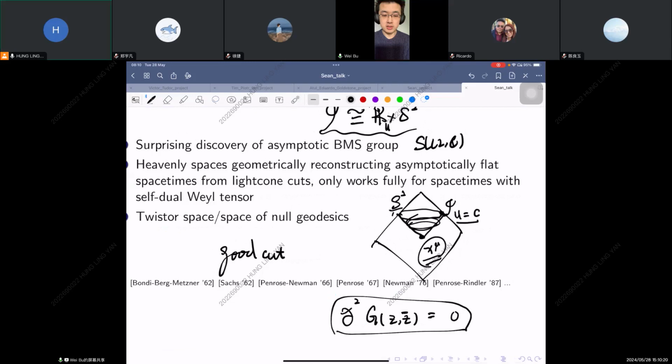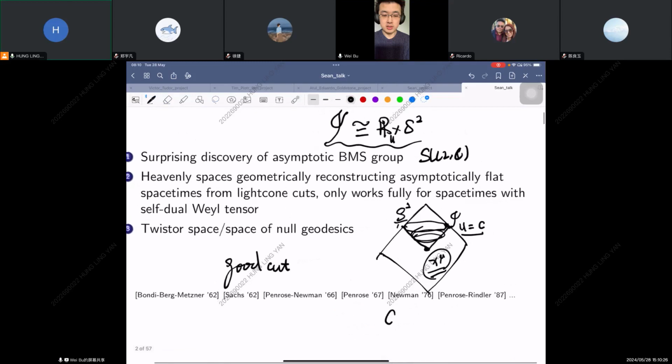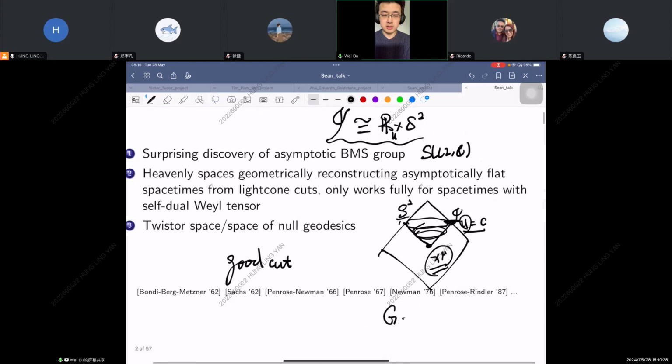I see. Okay, I see. Thanks. So G is basically describing this cut on the celestial sphere. G, when you solve it, is u. It is u. Okay. Because on scri, u is the position of the cut. I see. So when you actually solve it, you will find G is x out.